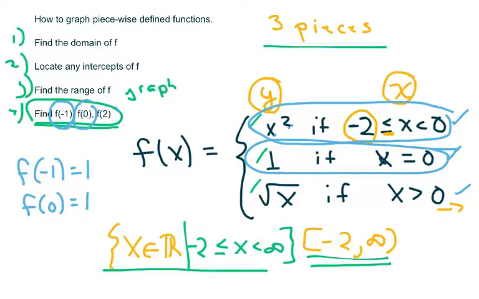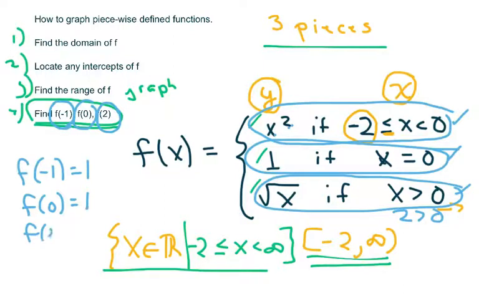And for 2, I plug in 2. This goes into this piece because 2 is greater than 0. And so f of 2 is just the square root of 2. Okay? And we're going to have probably 8 of these, and we're going to do all of this to each one.